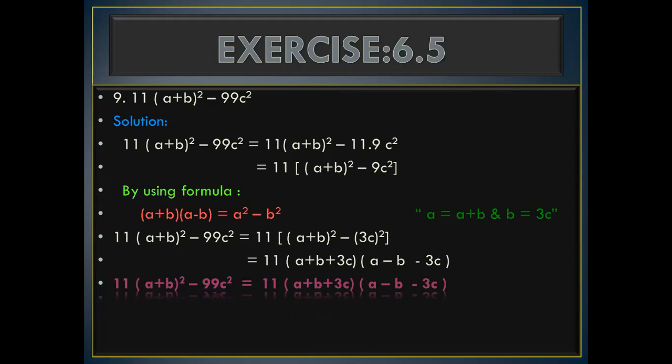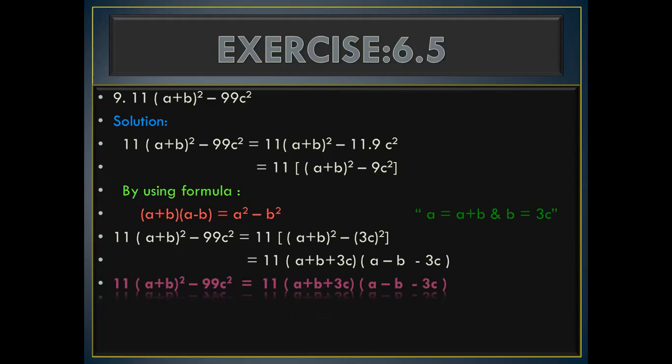When we put the value in the formula, a plus b into a minus b, because a is (a plus b) and b is 3c. So our answer will become 11 times (a plus b plus 3c) and (a plus b minus 3c). See, I put a negative sign here by mistake, but it is (a plus b minus 3c).